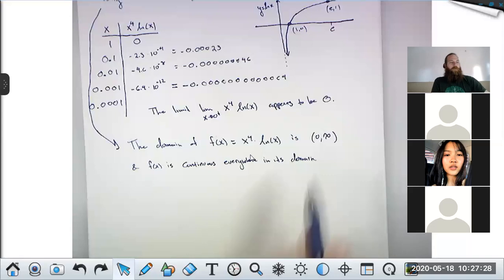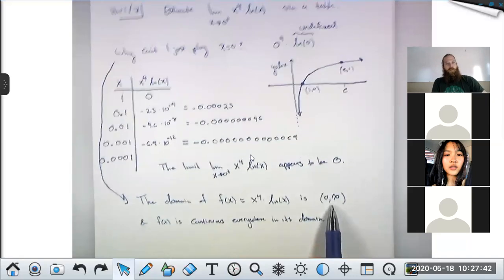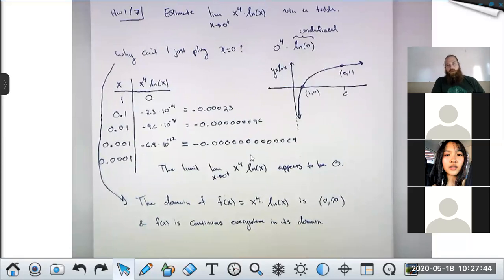And that's because 0 is not in the domain, but it's the boundary of the domain. So I can plug in numbers that are very, very close to 0, but I can't plug in 0 itself. That's what makes this an interesting limit to investigate, and any other number doesn't have that property for this function. So good questions.